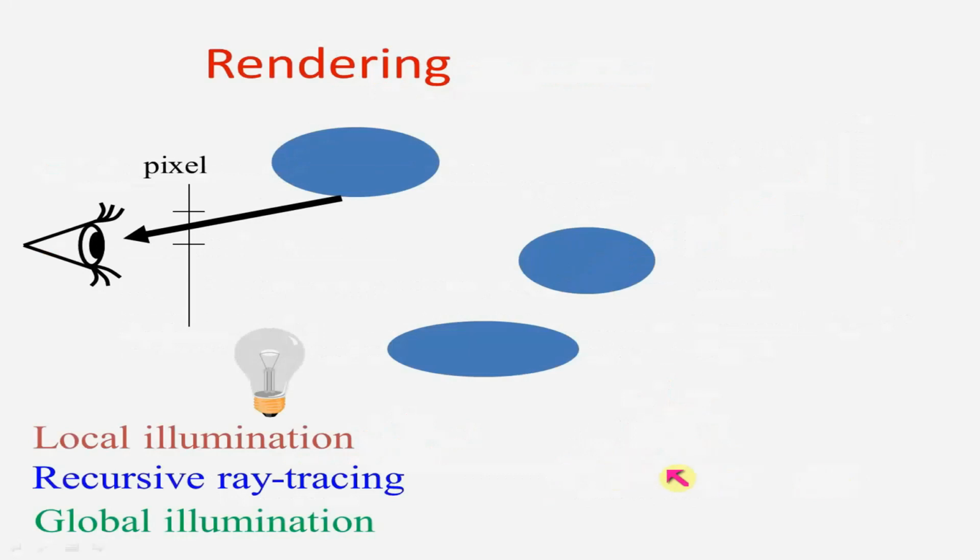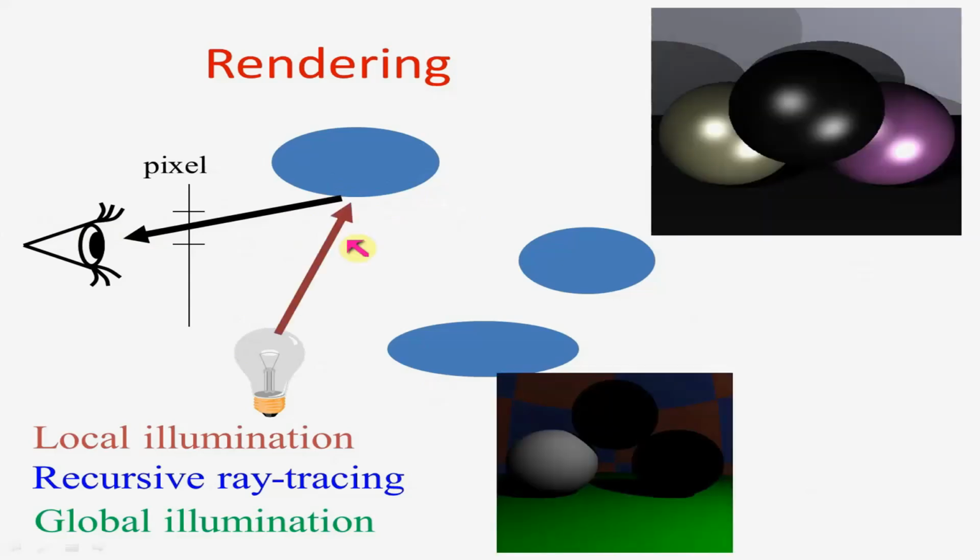Rendering requires the determination of the surface that is visible through a pixel, then the computation of the radiance in the direction of the eye. There are different trade-offs between accuracy and efficiency in this computation. In the so-called local illumination setting, when the radiance of a surface is calculated, we consider only the direct contribution of the light sources and ignore all indirect illumination completely.